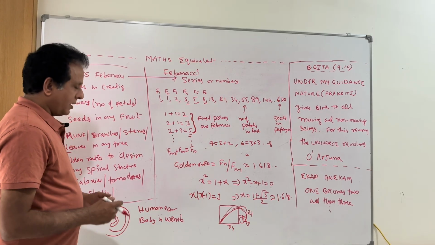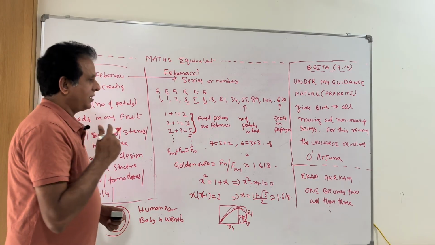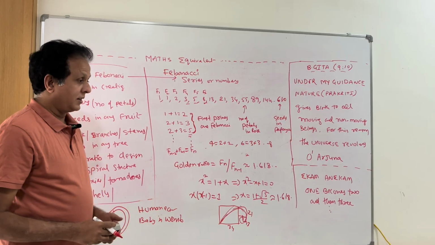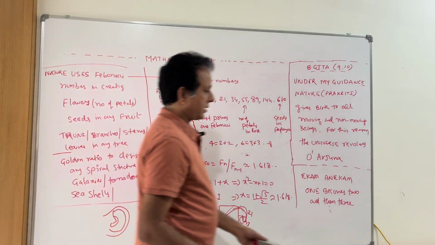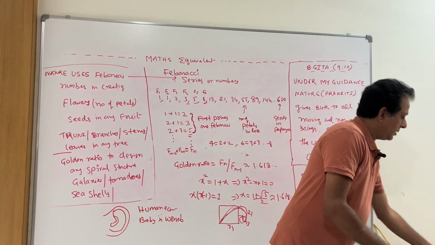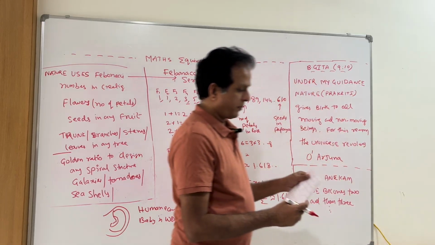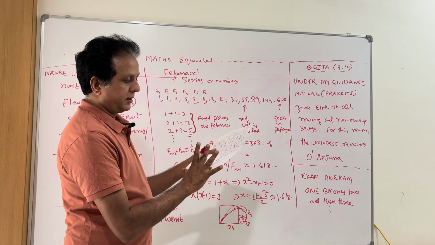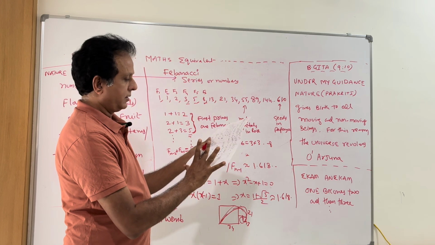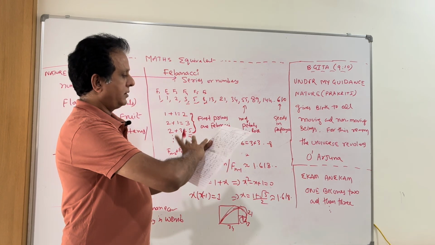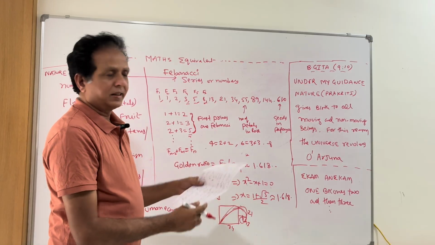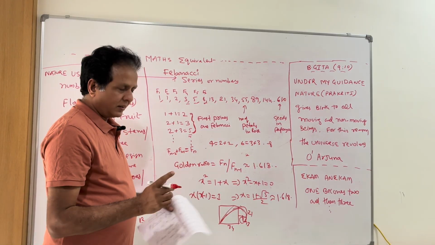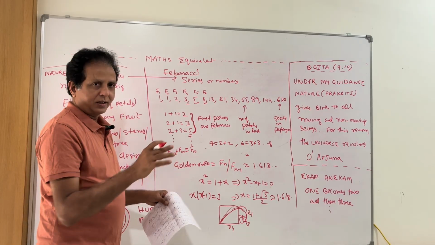Even the human ear probably uses the golden ratio. And you take any A4 paper, you see the length to breadth is almost 1.6. You take any credit card or debit card, the ratio of length to breadth is 1.6.